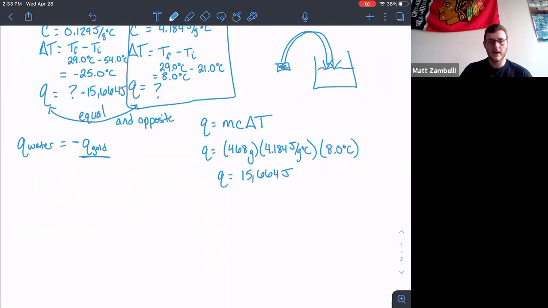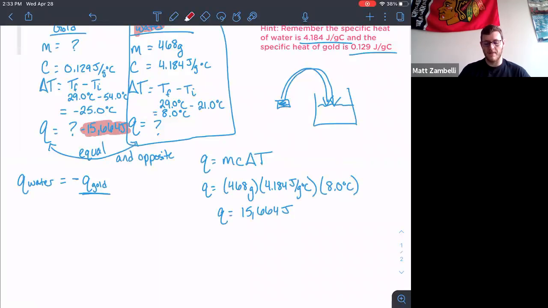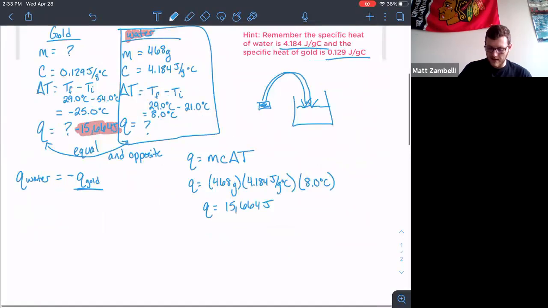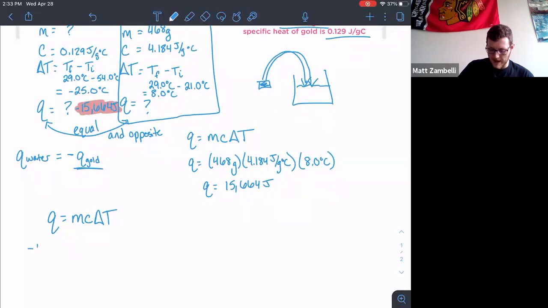So what we can do is plug negative 15,664 joules in for our Q, and that becomes a new variable we know, which means all we need now is our mass, and that's what we're looking for. So now we replug in our equation, Q equals mc delta T, and we're going to plug in everything we know.